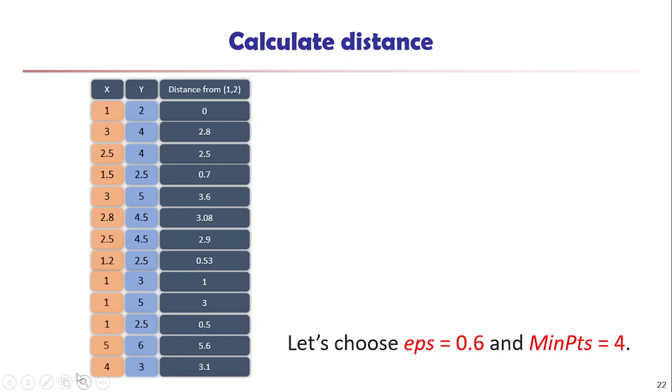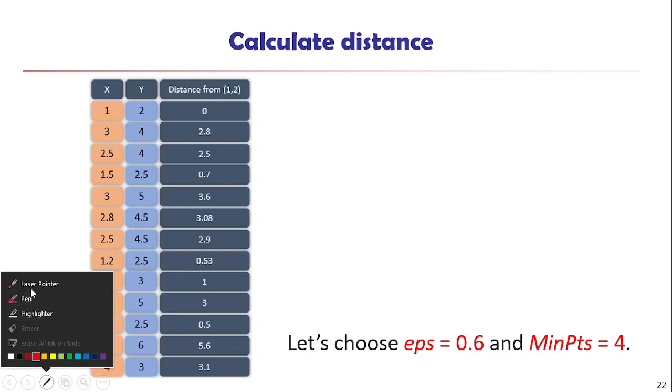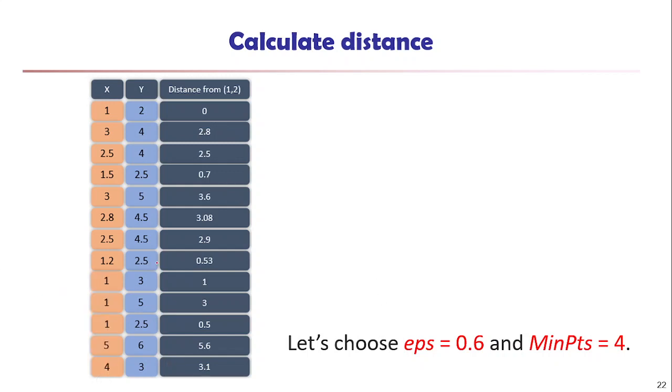Here we have the points which have lesser distance, like 0.53 and 0.5. These are the 2 points, which are 1.2 comma 2.5 and 1 comma 2.5.